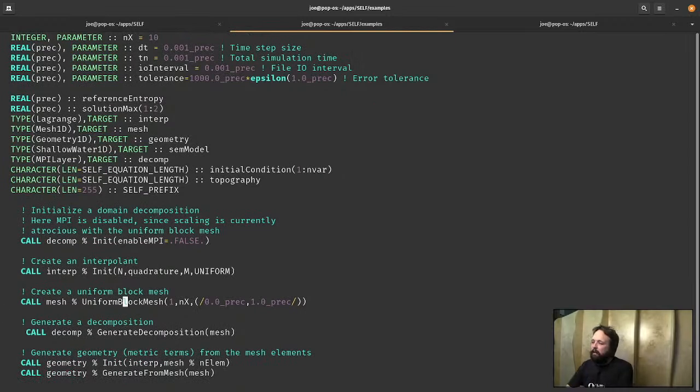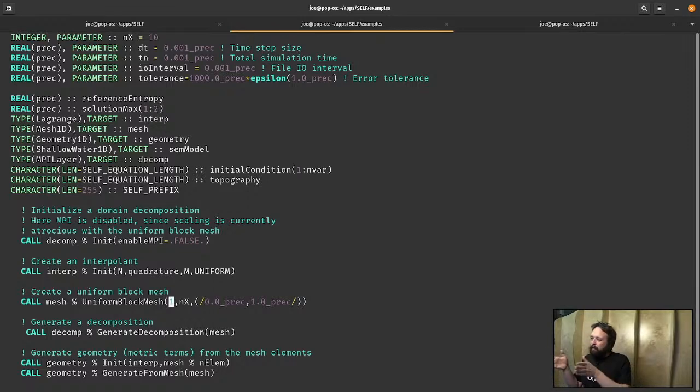In this case, for the 1D, we actually don't read in HOPR files because HOPR doesn't output 1D files. And instead, in 1D, it's actually really simple to do the mesh generation. We're just going to create a grid, and then in that grid, within each element, we'll create quadrature points. So we'll do a uniform block mesh with linear elements.